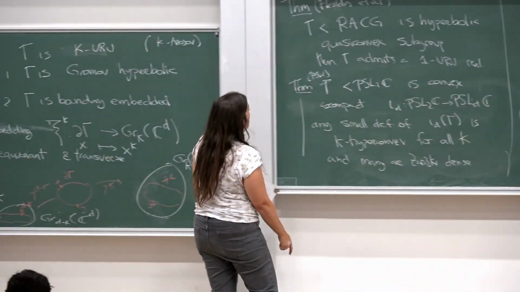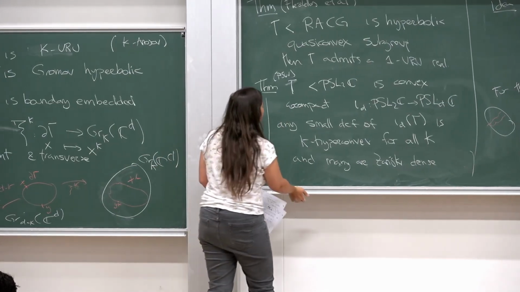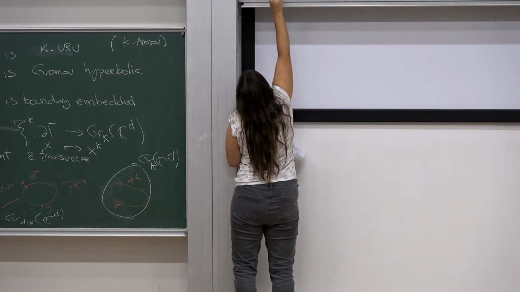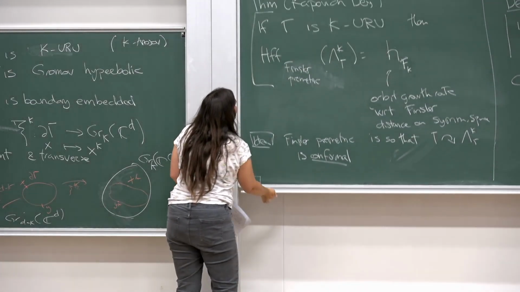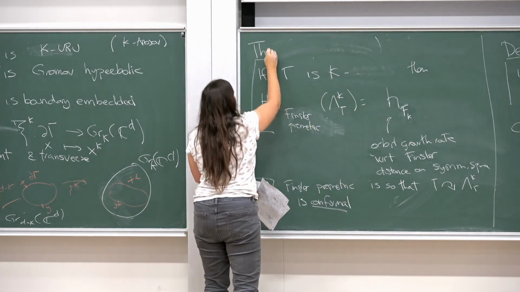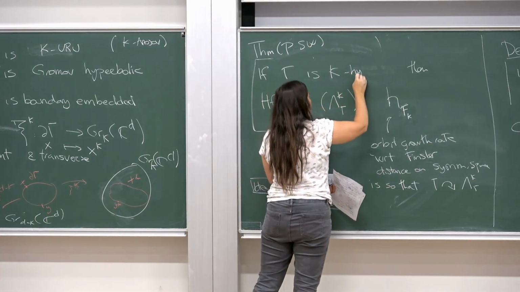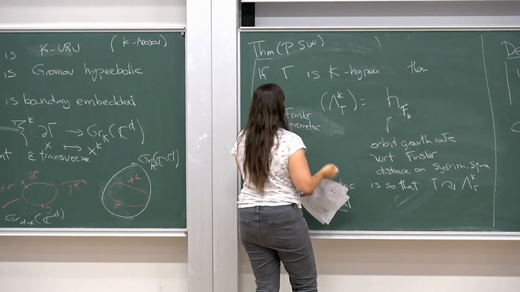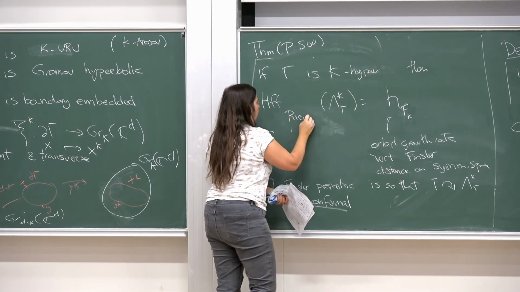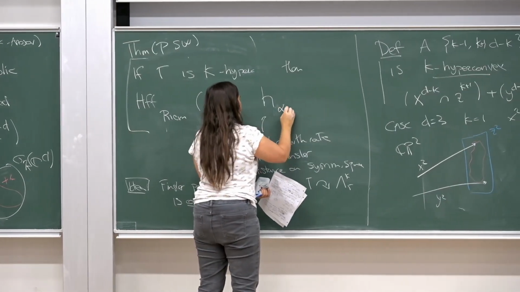Okay, I should not have erased that, but I have erased my result, unfortunately. This was the result that we had: if it's K hyperconvex, then the Hausdorff dimension with respect to the Riemannian metric is H of K root.